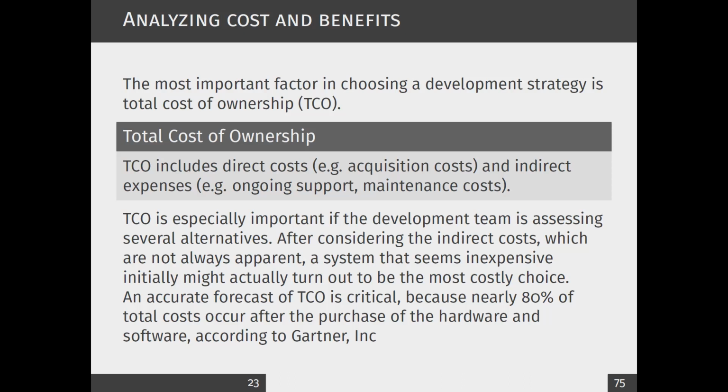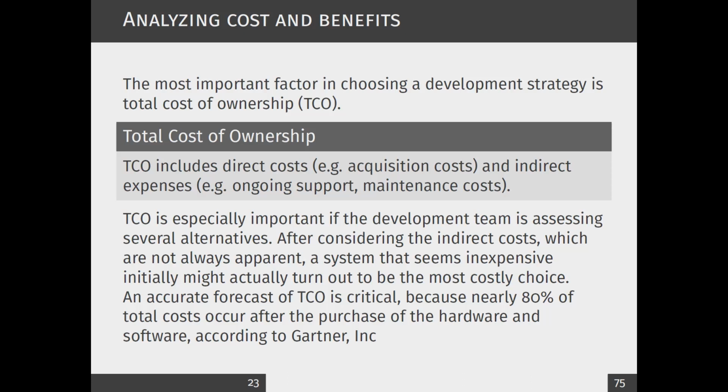Total cost of ownership means direct costs, the acquisition cost, which means you are going to develop or you are going to purchase, and then the indirect expenses, which means ongoing support and maintenance costs. Both together, we call the total cost of ownership.